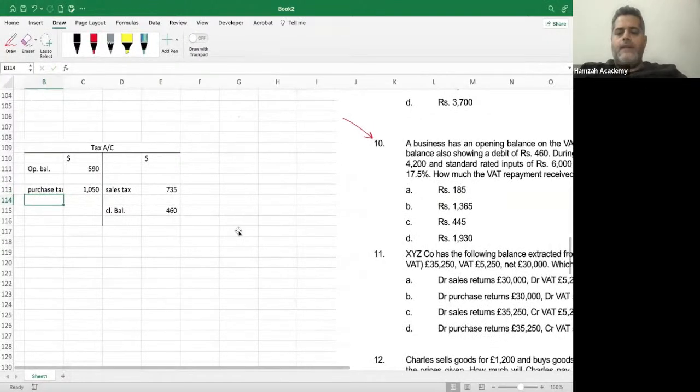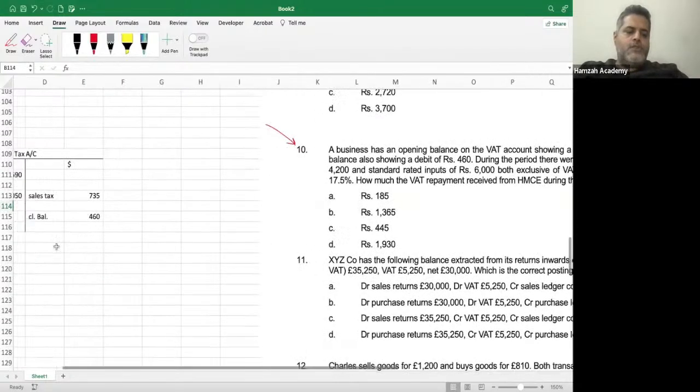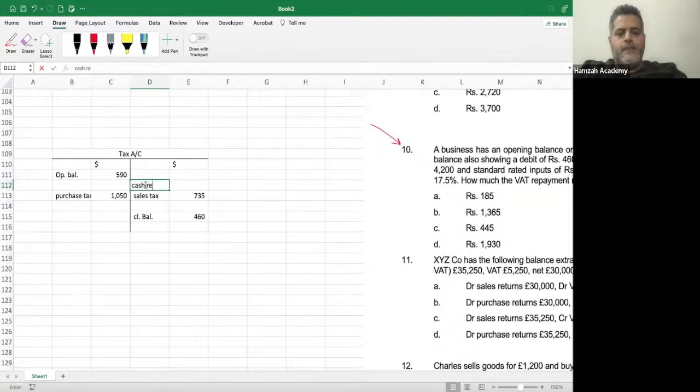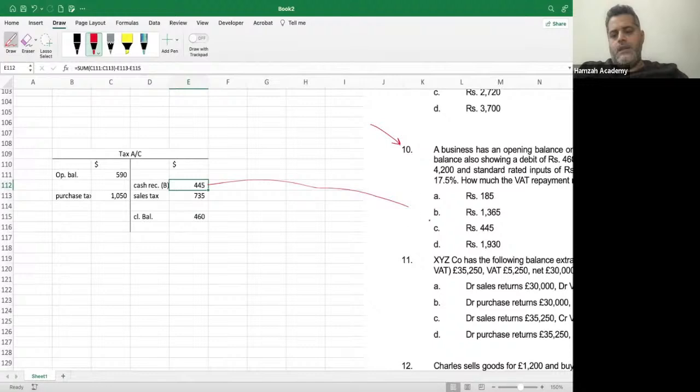Now it's asking how much of the VAT payment is received. So the cash received is over here as a balancing figure, and that is the sum of these two minus this minus this. That is 445 over here, right? So this is going to be the answer.